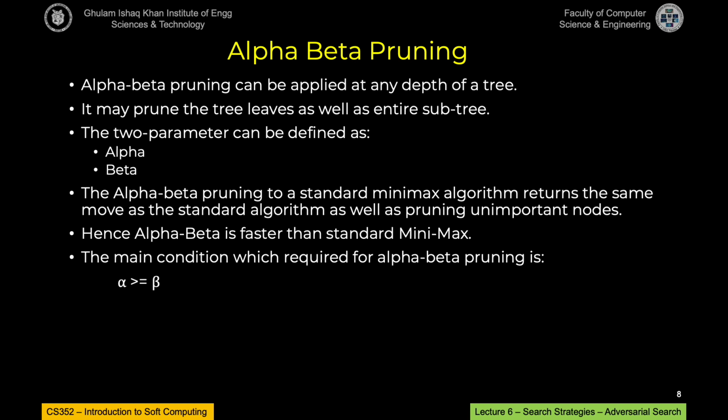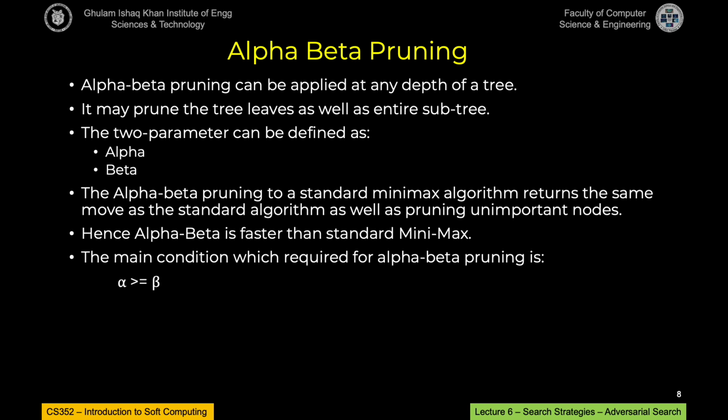Alpha beta pruning applied to a standard Minimax algorithm returns the same moves as the standard algorithm does, but it removes all the nodes which are not really affecting the final decision but making the algorithm slow. Hence, by pruning these nodes, it makes the algorithm run relatively faster than the original Minimax algorithm. This is just a technique where the results are always the same.